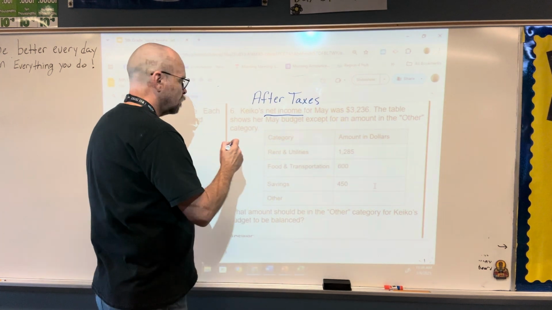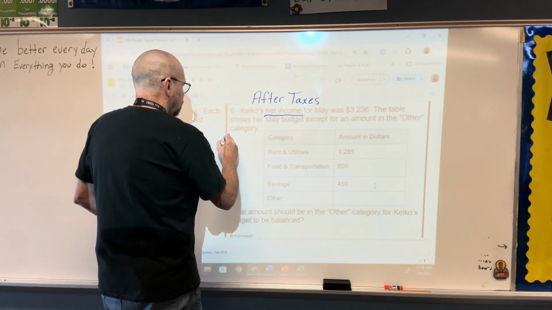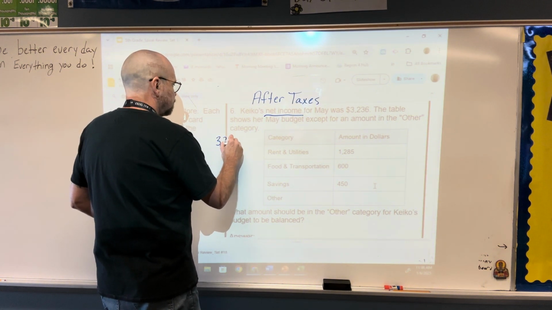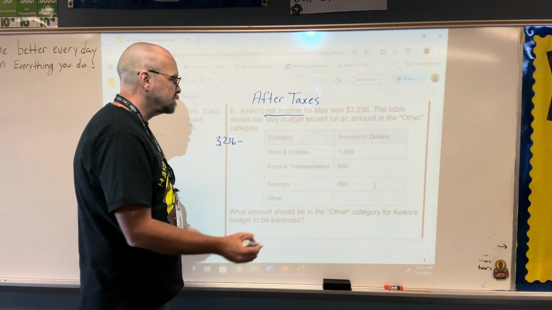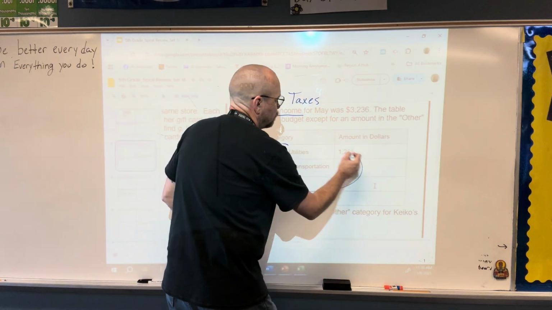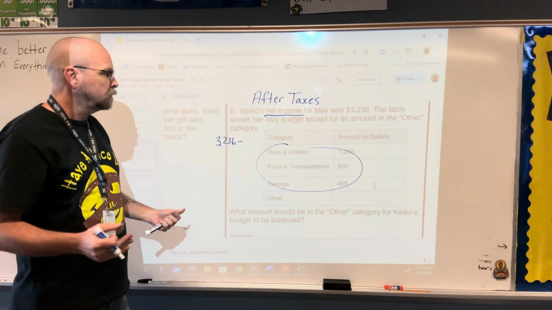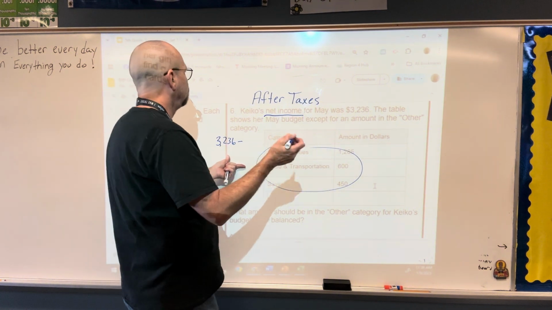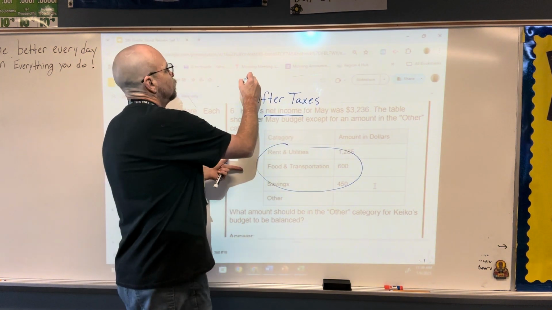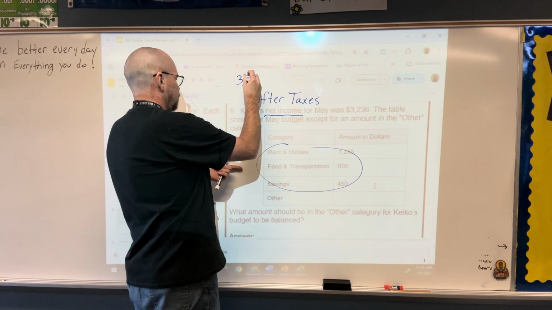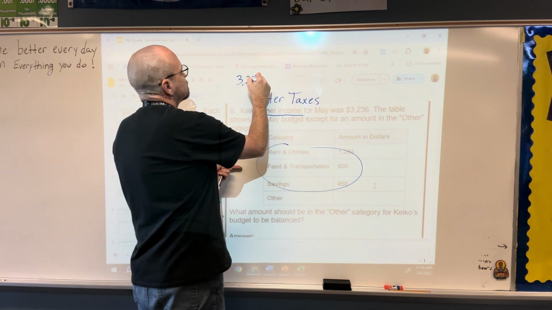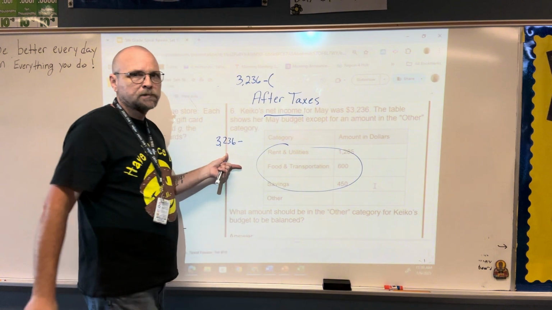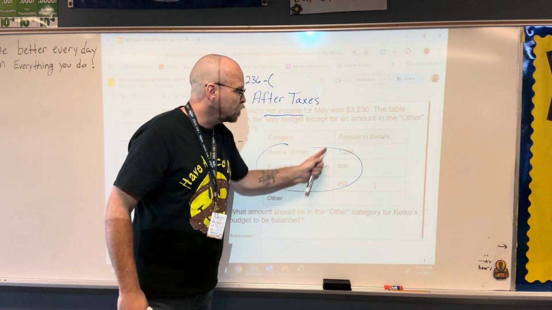So we're going to start with 3,236, and we would subtract these things here. I'm going to write the equation, and you're going to solve it on your own. So if I have 3,236, I would subtract whatever this total is.